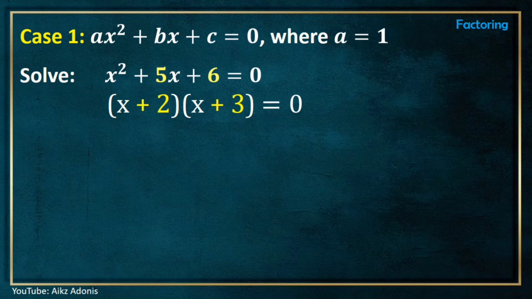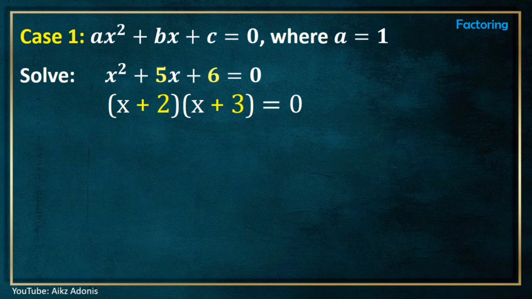Now, let's put positive 2 or plus 2 first, then followed by positive 3 or plus 3. Now, the factors of x squared plus 5x plus 6 are x plus 2 and x plus 3.